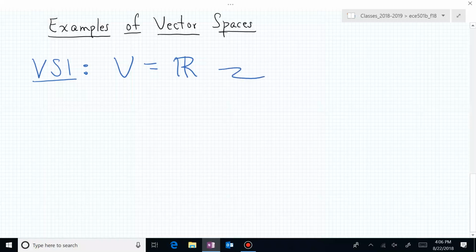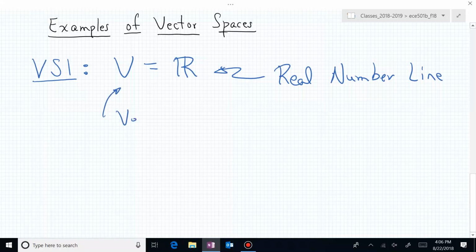So here is just R being the real number line. That real number line actually forms a vector space, which I'm denoting capital V. If I could make that any better, it would be a bold V to mean this is a vector space, and it's all of the real line.